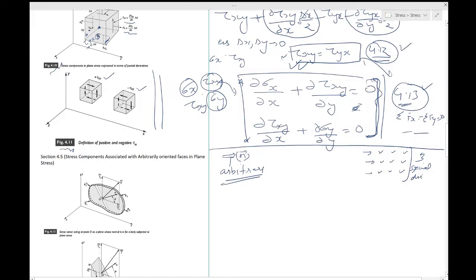We know what those three special directions are. So the stress tensor defined along these three special directions, and the arbitrarily defined stress vector, we want to now find the relationship between these components. We had left it out before for section 4.5, and that has come now. So let's see how we can do that.